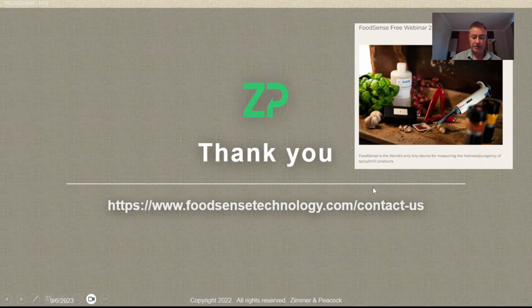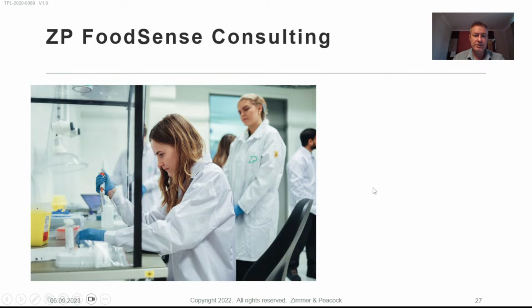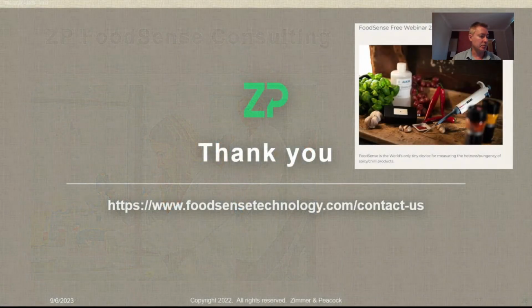For us, that's a consulting service, or we also have labs, so we're able to do that kind of work and test. You can also outsource it to ZP, and we would treat it as a micro project or a mini project. We are quite capable of doing that at ZP as well.